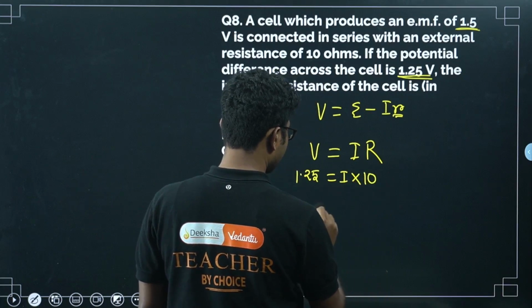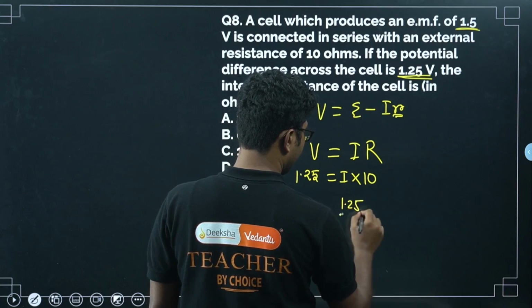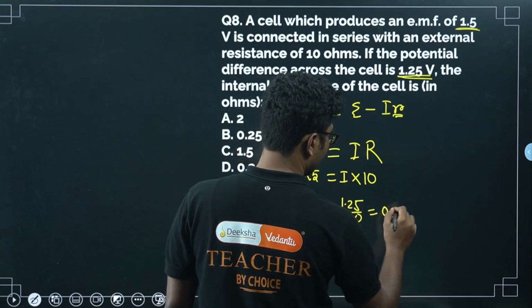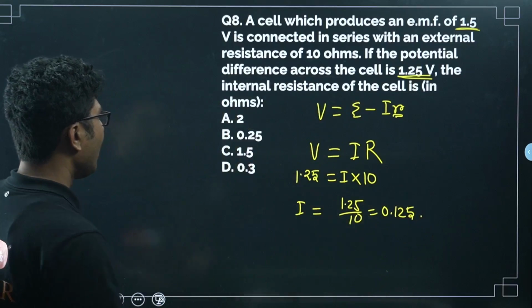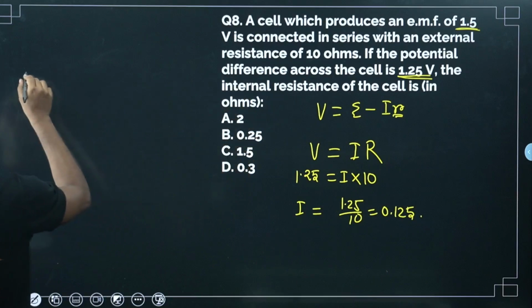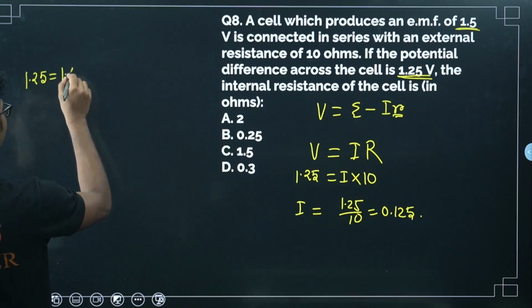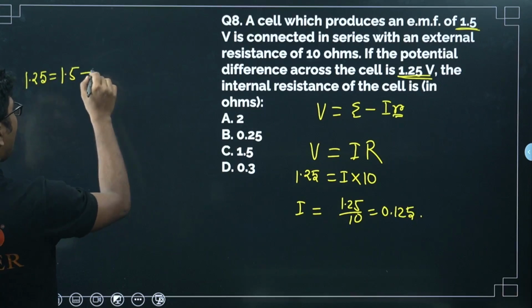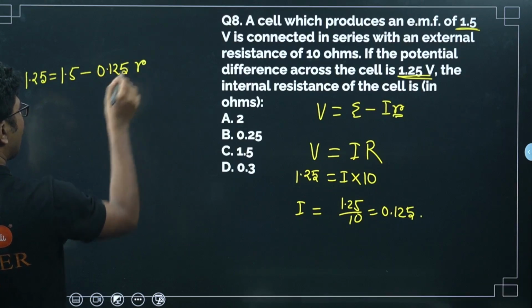So I is basically 1.25 divided by 10, or 0.125. This is the current.